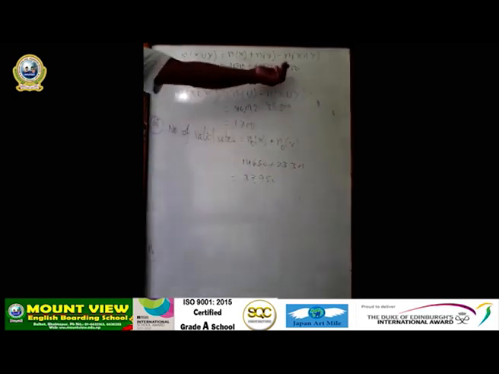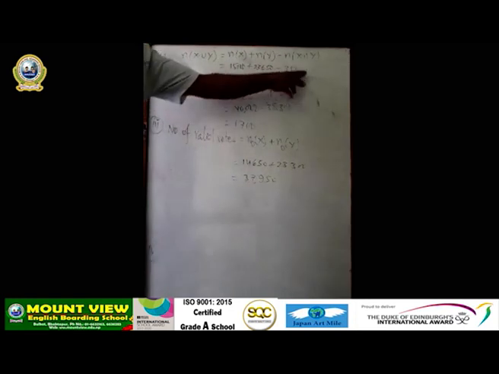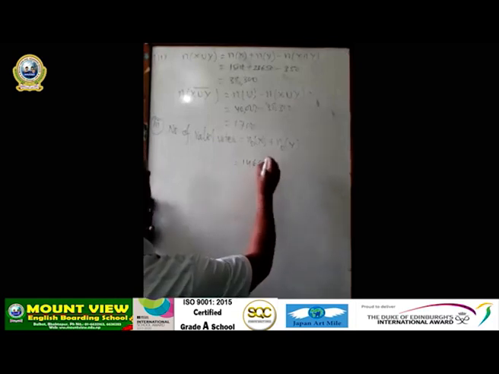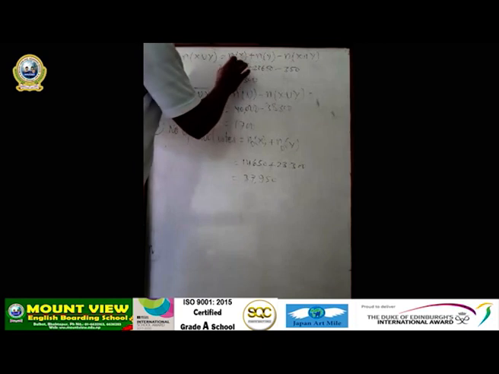Number of valid votes equals only X plus only Y. How much is it? Only X means 14,650 plus 23,300.